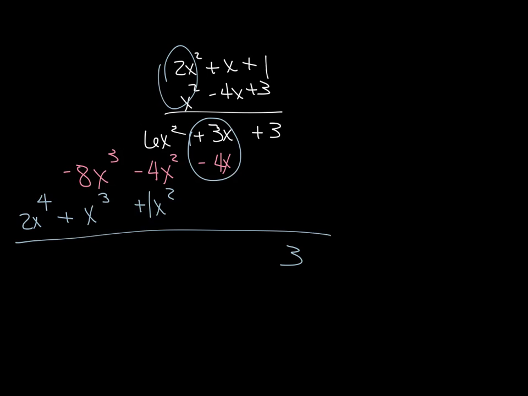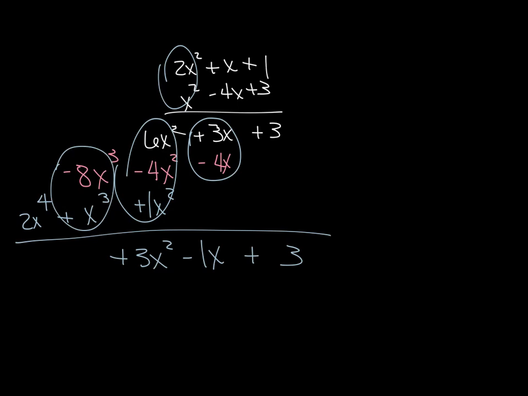Notice that my like terms are on top of each other, and that's exactly what I like. Then I add these. 6 minus 4 is 2, plus 1 is 3, and it's a plus. This one, negative 8x cubed plus x cubed would be negative 7x cubed. Nothing to add to that.